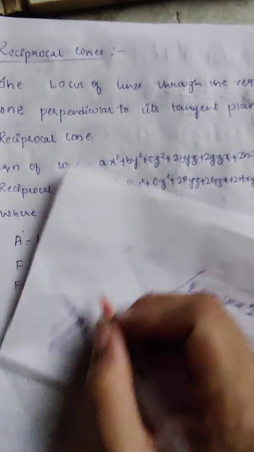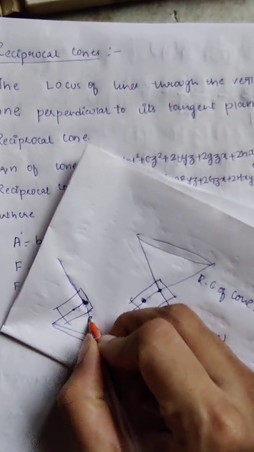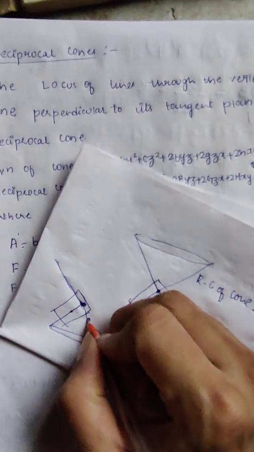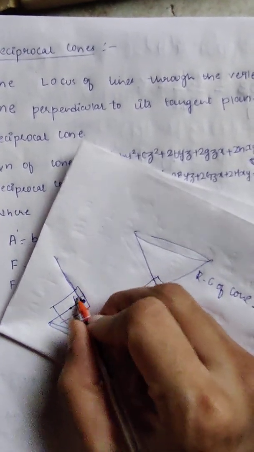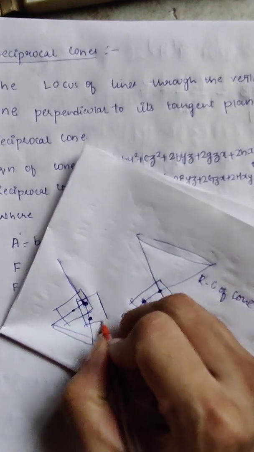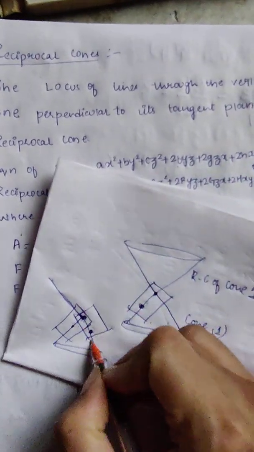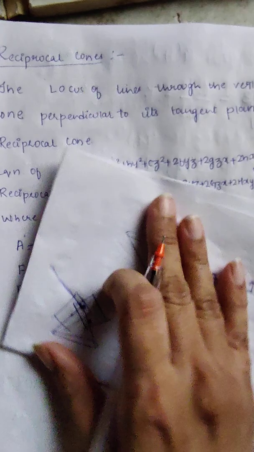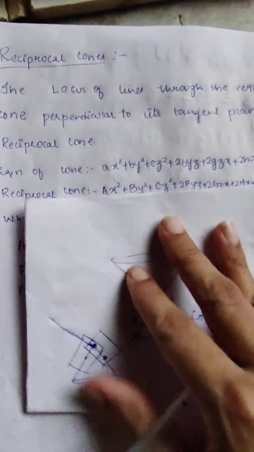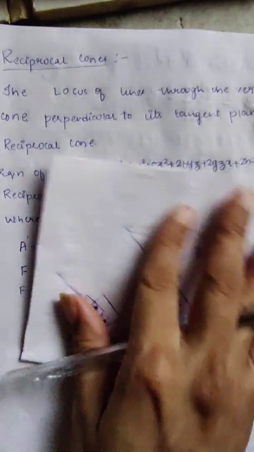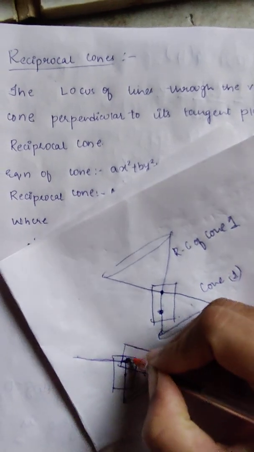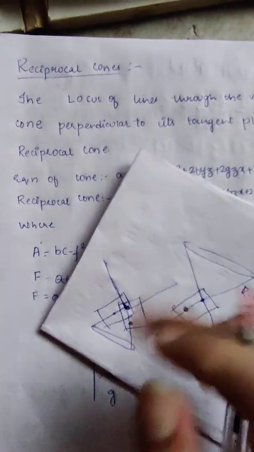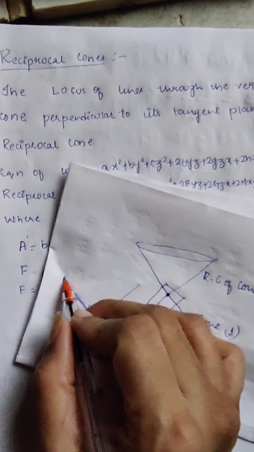Similarly, from another plane of contact, I'm going to draw one more plane. Then again, from this plane, I'm going to draw a line which is perpendicular to this plane. So likewise, I'm going to keep on drawing the lines, which is going to give me what?